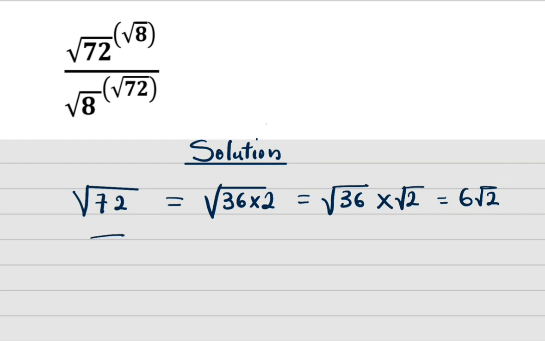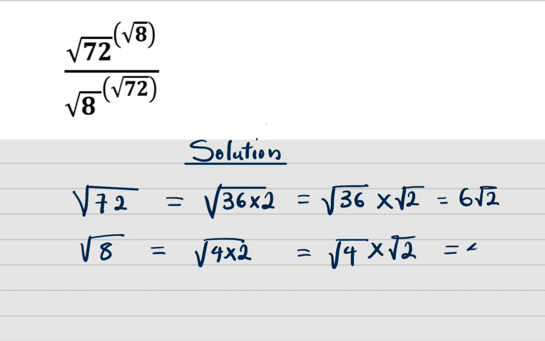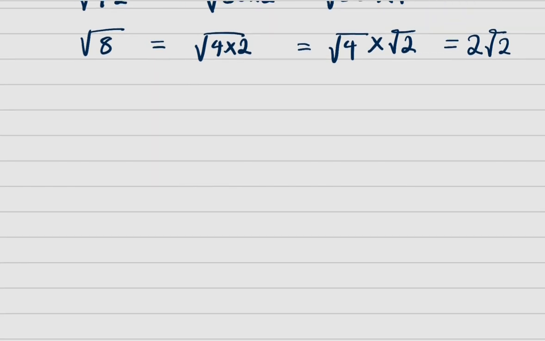The same thing if I have root of 8, it can be written as root of 4 times 2, which is the same thing as root of 4 times root of 2, which will be 2 root 2. Now, because of this simplification, it has made the work very easy for me, so that I can rewrite it.